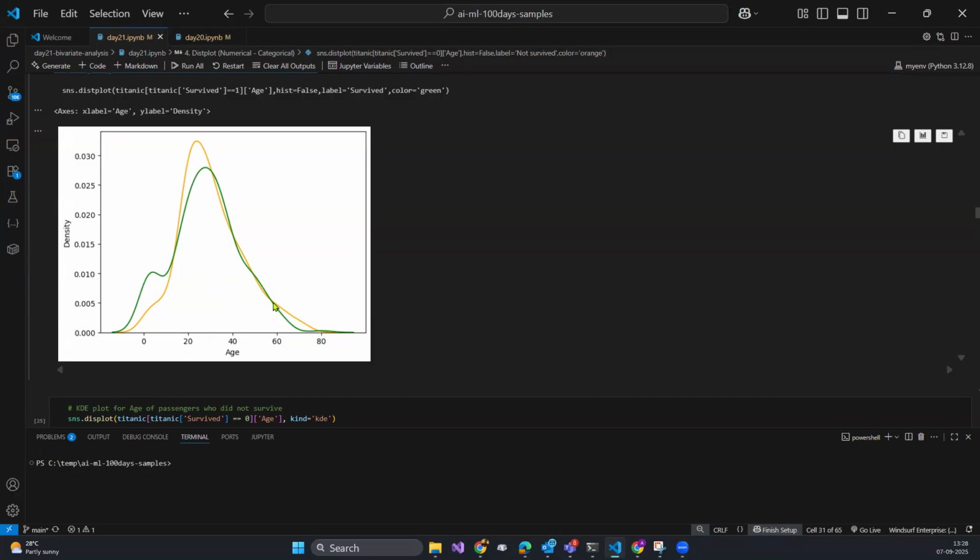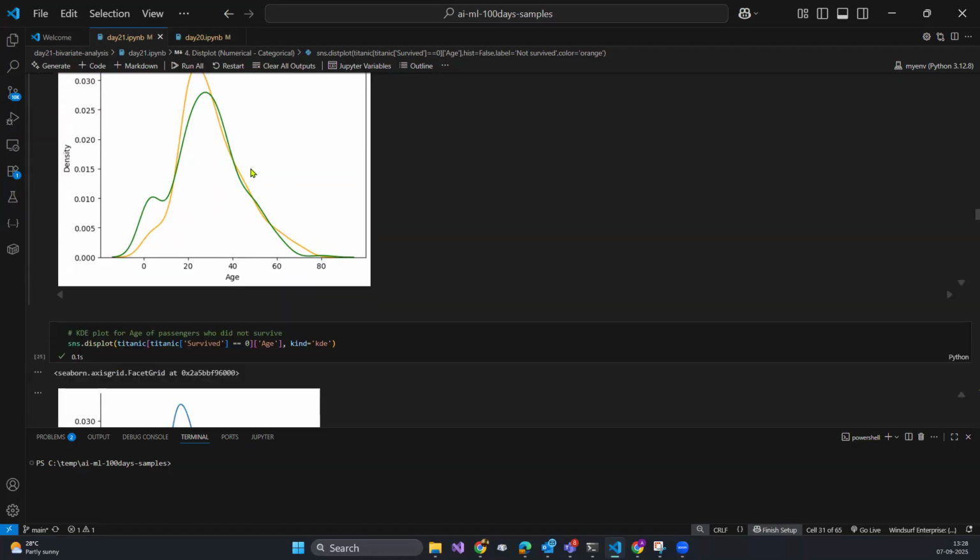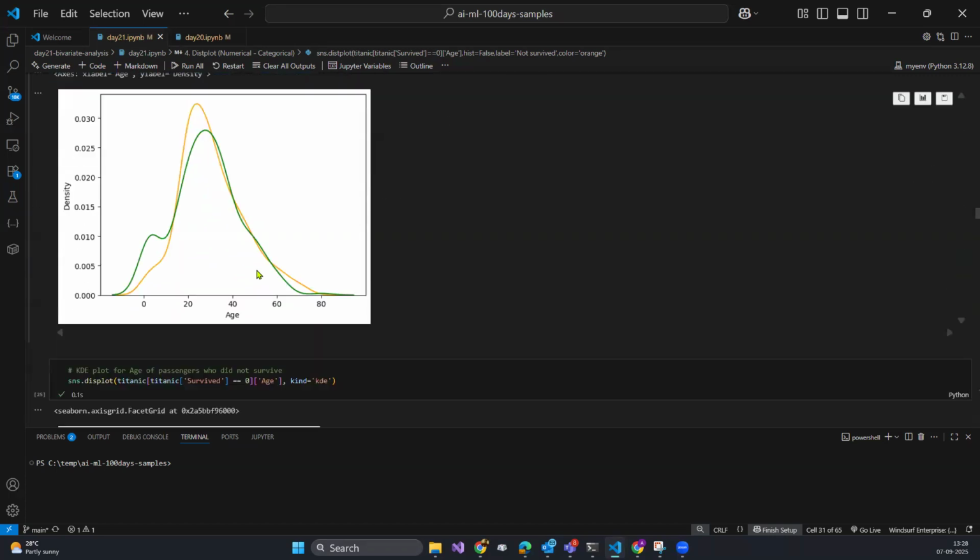So not survival probability is more, and survival probability is less after 60 and beyond. So this is how we can read it out from this distribution.